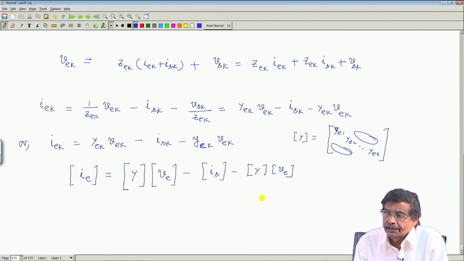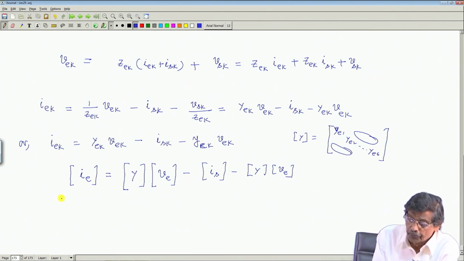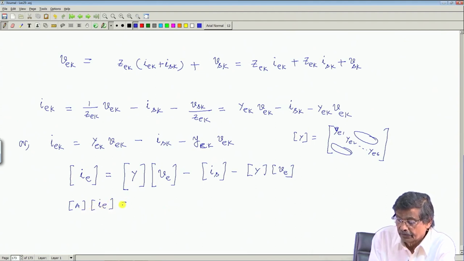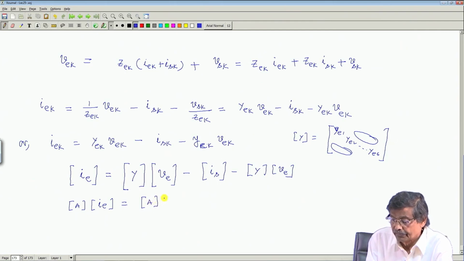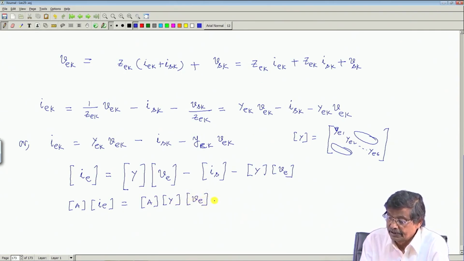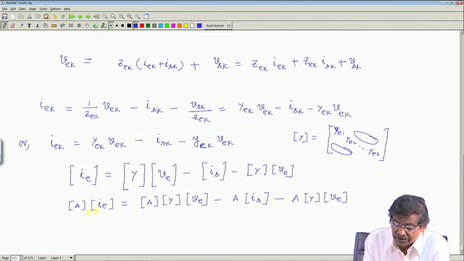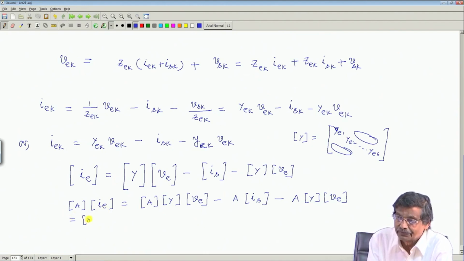So multiply both sides by the matrix A. If you pre-multiply both sides with A, you will get A into I E is equal to A into Y into V E minus A into I S minus A into Y into V S, but A into I E is equal to 0, Kirchhoff's current law.